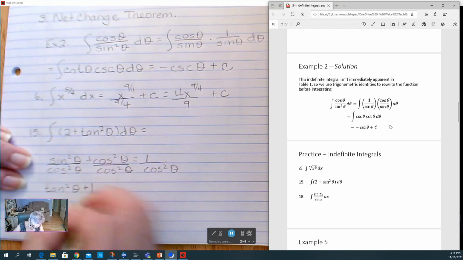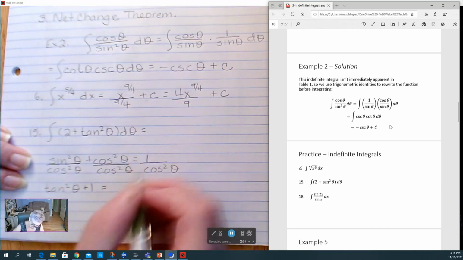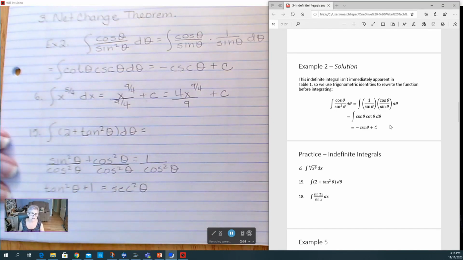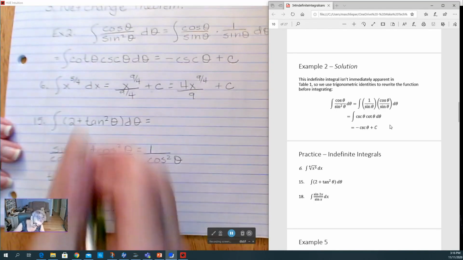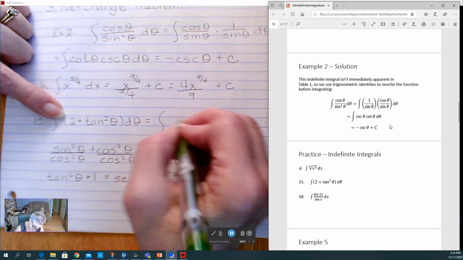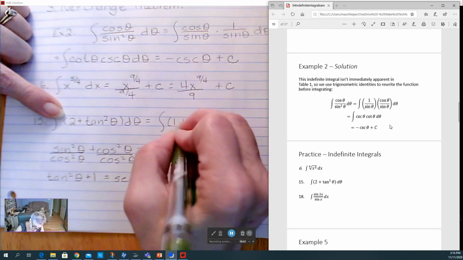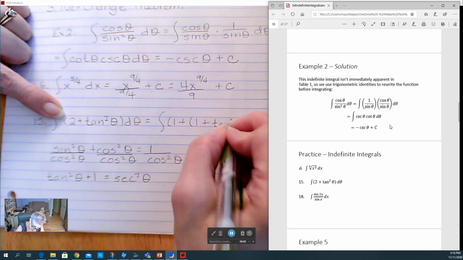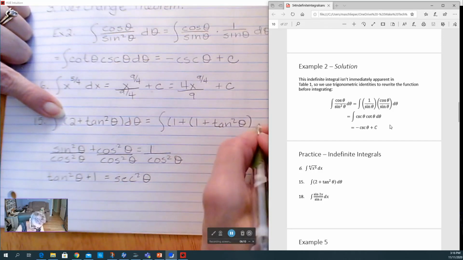Cosine over cosine is 1. 1 over cosine is secant. So I can replace this. 2 is 1 plus 1, so 1 plus 1 plus tangent squared of theta.